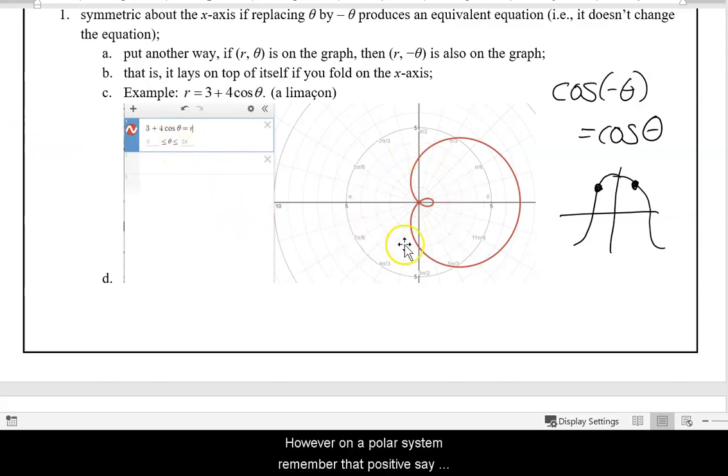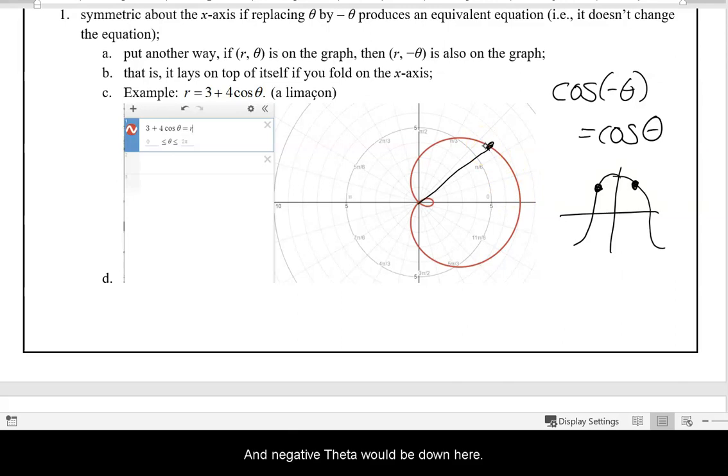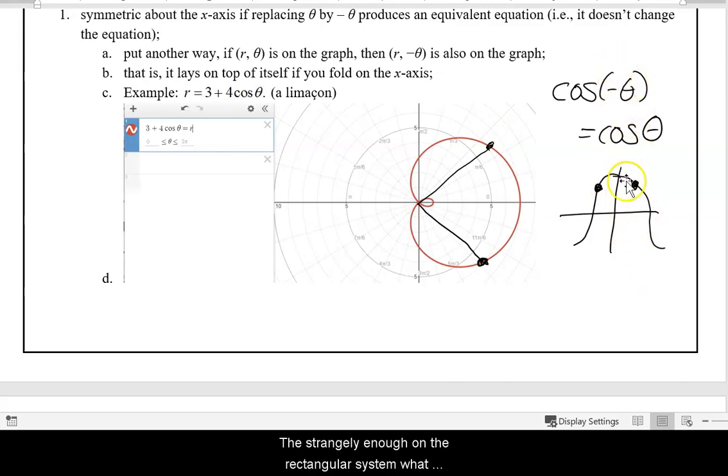However, on a polar system, remember that positive theta would be up here and negative theta would be down here. So strangely enough, on the rectangular system, what makes cosine an even symmetric graph on a polar system produces the opposite result. It's x-axis symmetric. I know, it's a little confusing.